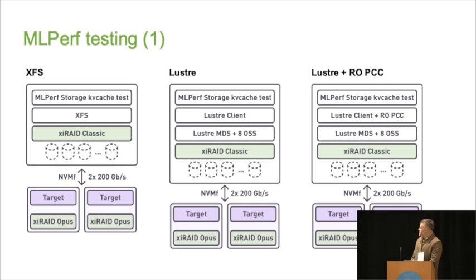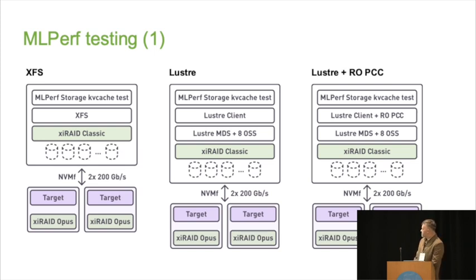Okay, let's go to our test. I compared 3 different configurations. I prepared a pseudo STX platform based on a standard server equipped with 22 NVMe drives, and with the RAID Opus I provided volumes to the system running benchmarks. The first configuration was based on XFS. I used XFS as a baseline.